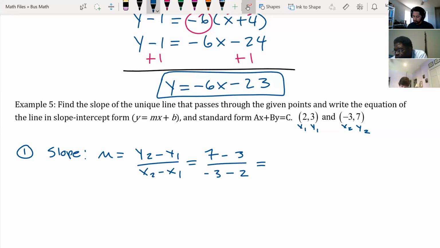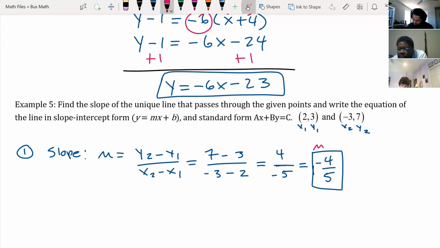So I'm going to get 4 over -5. Okay, perfect. Here you can rewrite it as -4/5. I think my math lab may want this as an answer. But since we're also in business math, we can convert this to decimal. What decimal is 4/5?